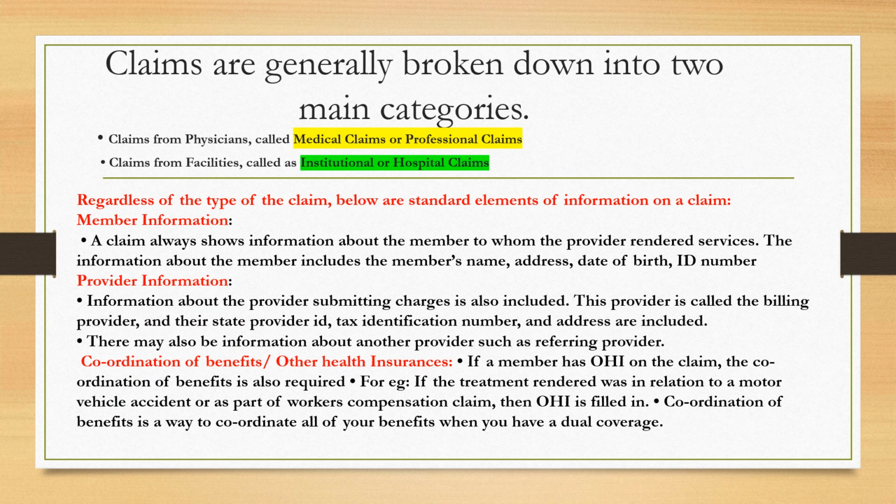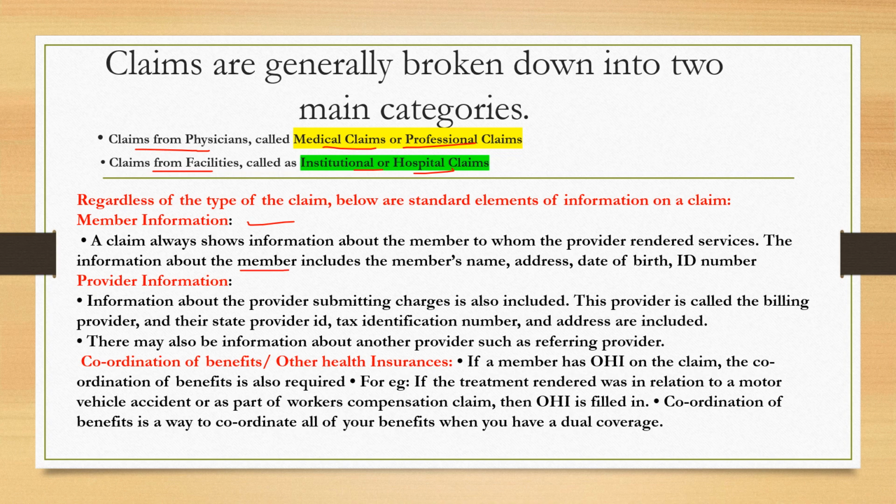Claims are generally broken down into two main categories: claims from physicians and claims from facilities. Physician claims are called medical claims or professional claims, and facility claims are called institutional or hospital claims. So we already talked about the member information. A claim always shows information about the member to whom the provider rendered services.